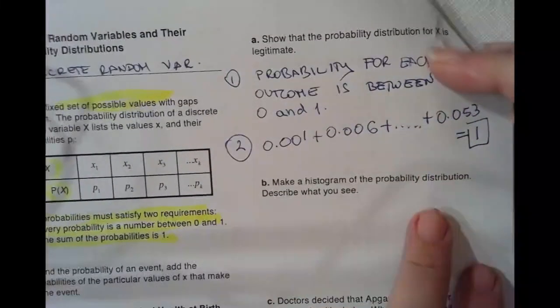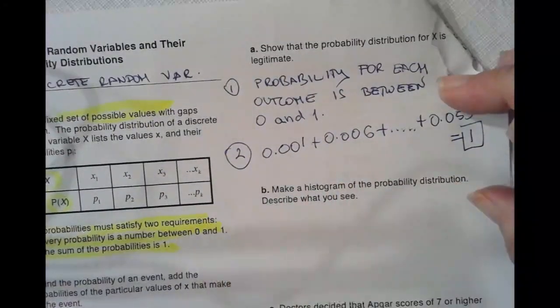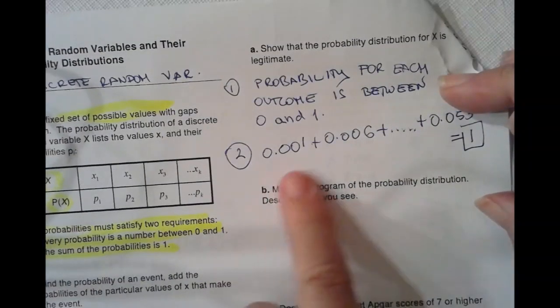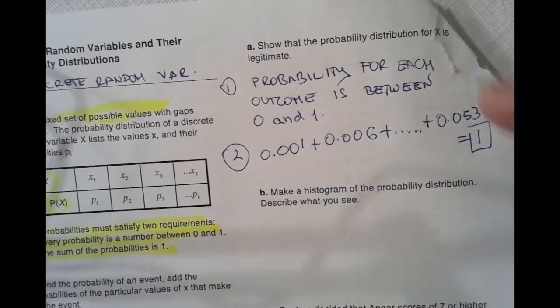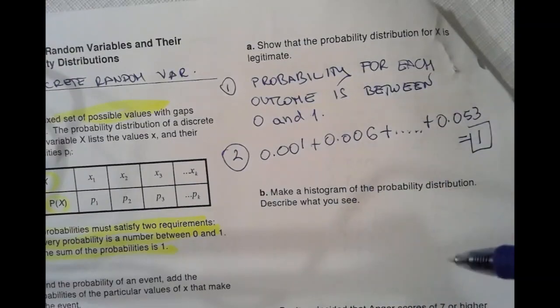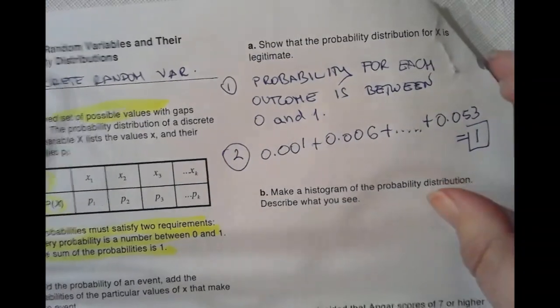On the test, they assume that you add them all up, but you don't have to list all of them. You would list the first two, dot, dot, and the last. So you would say the probability distribution does satisfy the two rules.